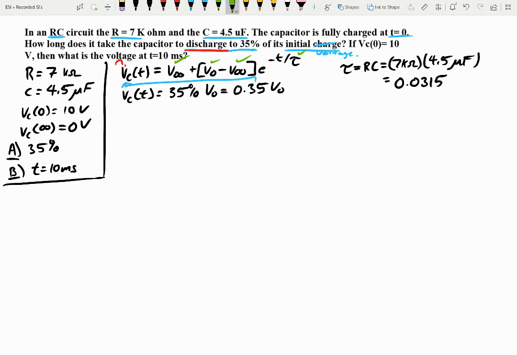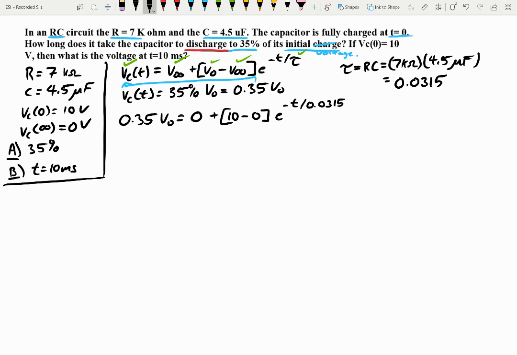So now we know that, and the only thing we need to find is time. So writing all this out, 0.35 VO is equal to 0 plus 10 minus 0 e to the minus t over 0.0315.